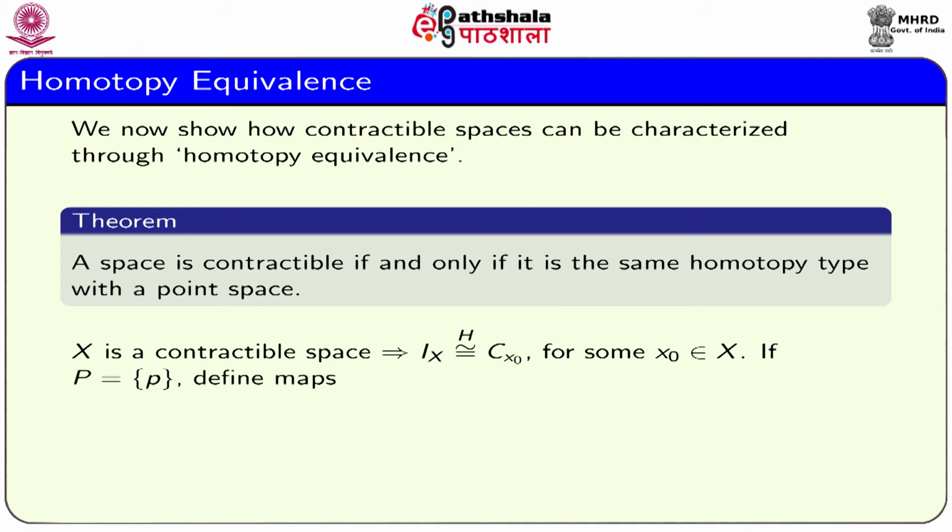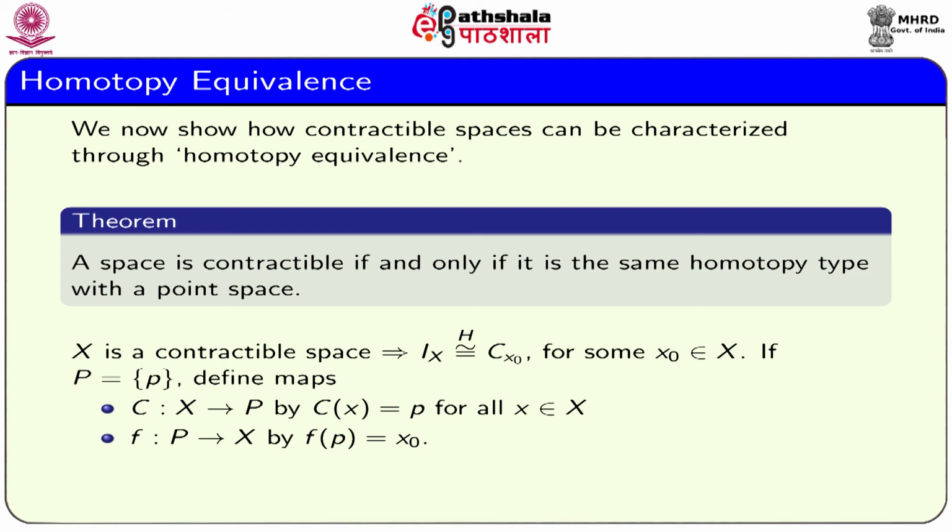If we take capital P as a point space and define a map capital C from X to P by the constant function which takes all the points of capital X to the point p, define a function small f from capital P to X by f(p) is equal to x0.